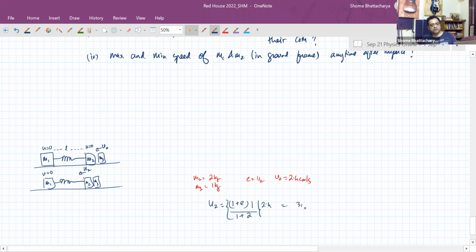So it will be 3 by 2, divided by 3, times 2.4. It will be 1.2, or v naught by 2.